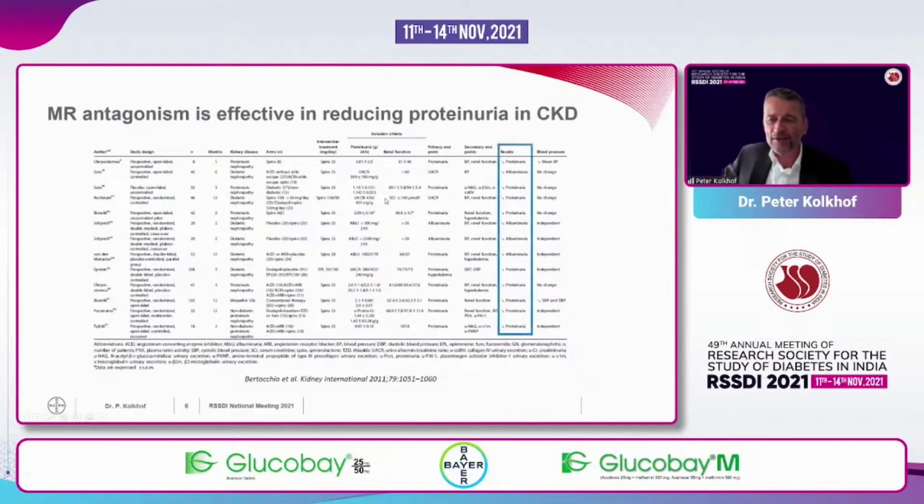But the common picture, the outcome of all these trials, was that MR antagonism by spironolactone reduces proteinuria in all trials, which is of course an important biomarker in CKD.